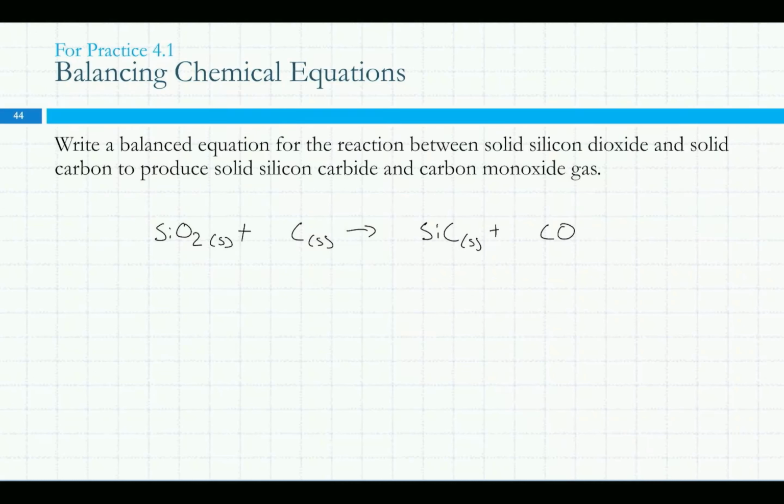So carbon monoxide, I think silicon carbide is just SiC. Yeah, okay.